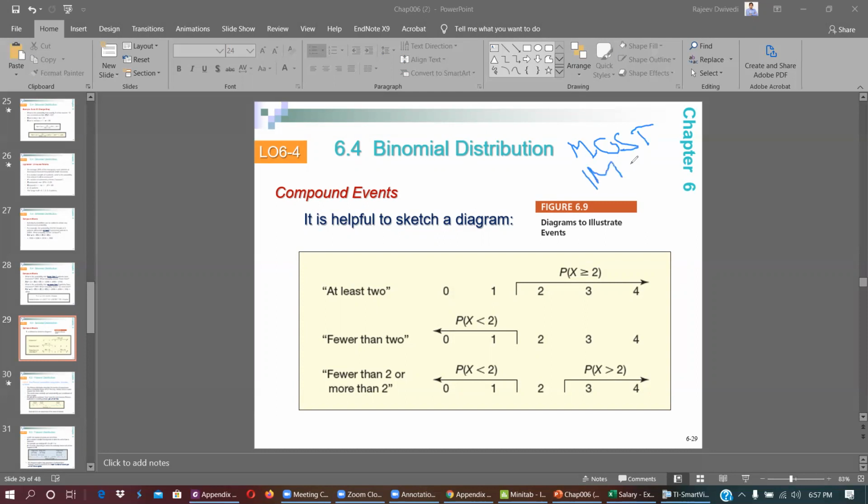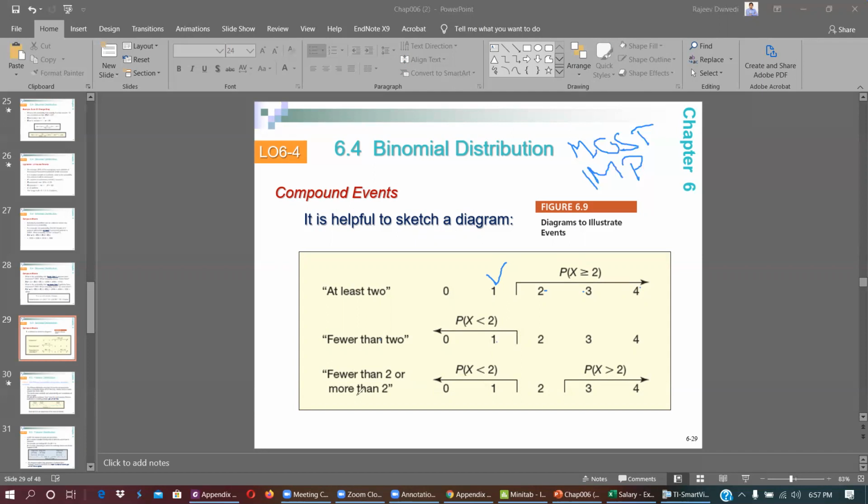At least 2. What is it asking? At least 2 means it is asking 2, 3, 4. What is the X value that you will put in CDF? 1. You will put 1. Fewer than 2, it is not asking 2. Less than 2 would be up to 1.